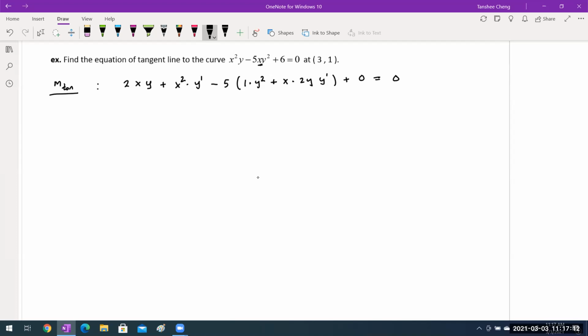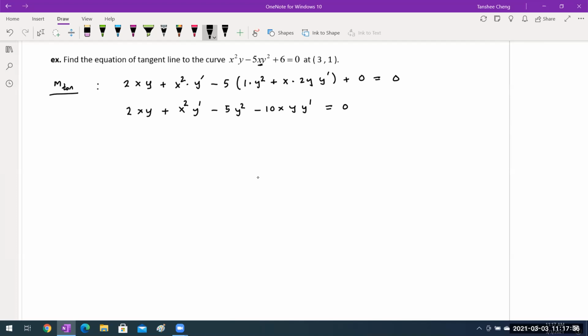So this gives us, let me put my y prime a little bit tilted so that I will not get confused with the first power. So this gives us 2xy plus x squared y prime minus 5y squared minus 10xy y prime equal to 0.